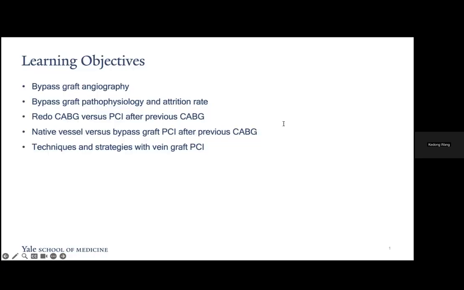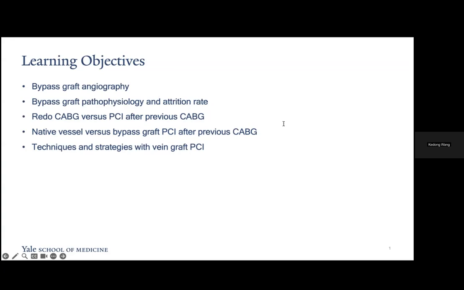So today we'll talk about bypass graft intervention, specifically focusing on vein graft intervention. The learning objectives for today: we will first talk a little bit about bypass graft angiography, and then start diving into the data on bypass graft pathophysiology and attrition rate.